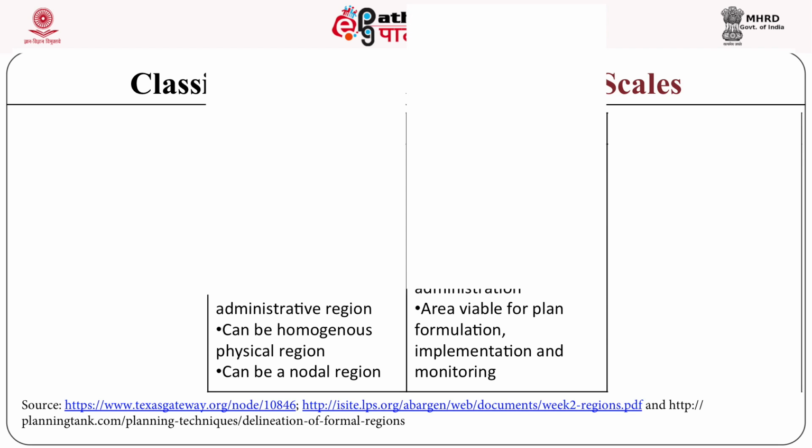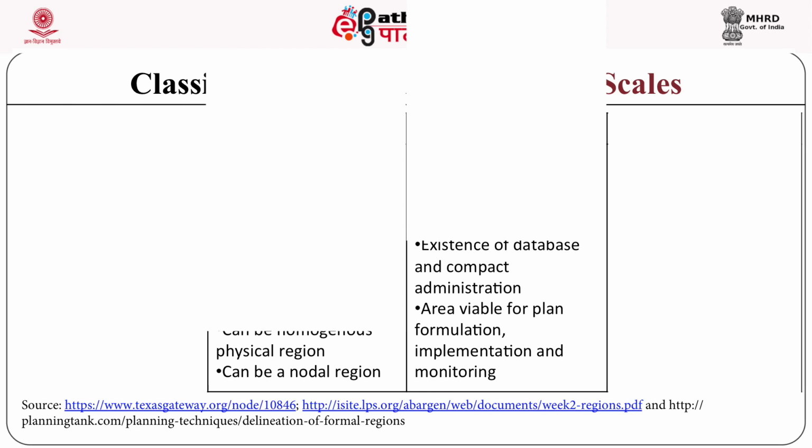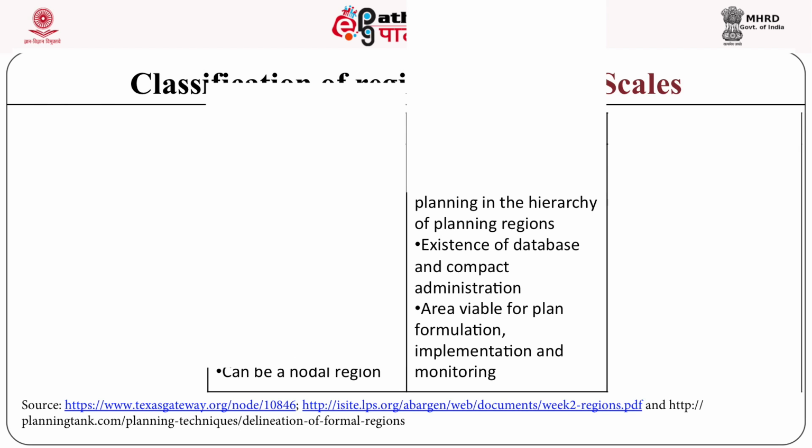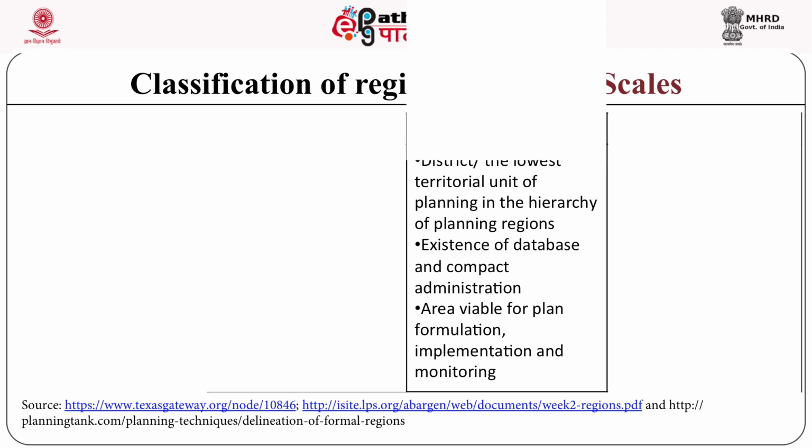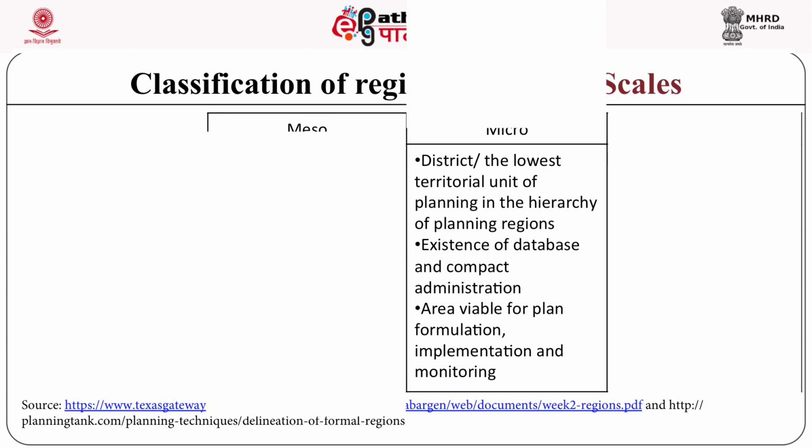It is viable for plan formulation, implementation and monitoring, and it has a compact administration. There can also be a subdivision of the district, but districts are generally considered the viable unit for planning.